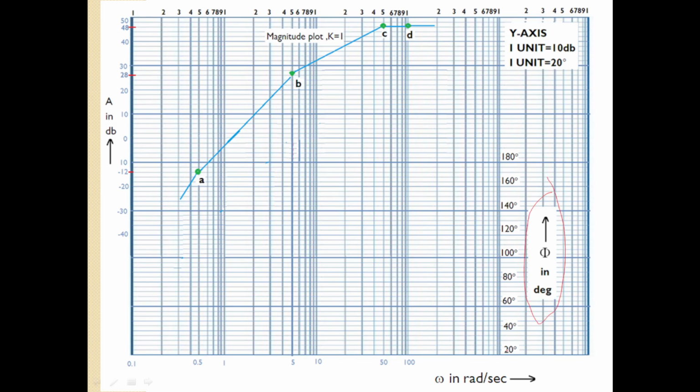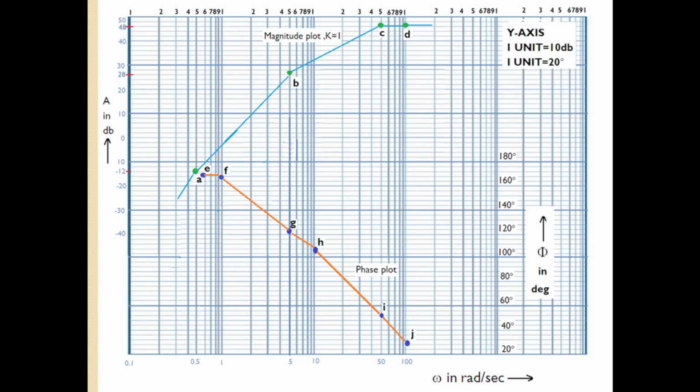Based on the values we have got, I have assumed 1 unit equal to 20 degrees: 20, 40, 60, 80, 100, 120, 140, 160, 180. This is my scale. This is my phase plot. This is my magnitude plot for k equal to 1.